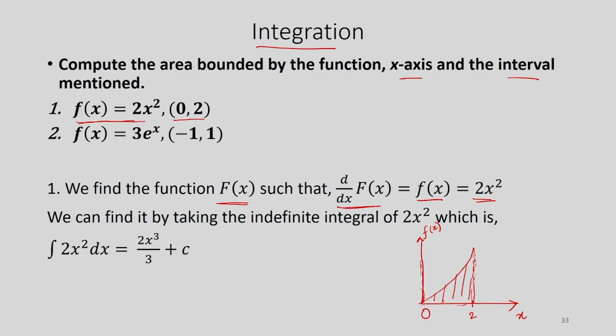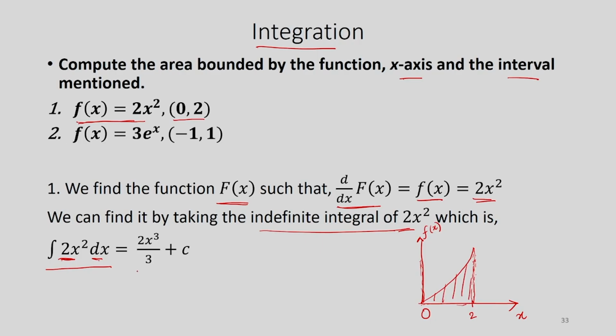If we take the derivative of that, gives me 2x square, right. We have to find that function. So, we are going in the opposite direction of derivative here, that is why we are calling it antiderivative. Okay. So, antiderivative, as we know, can be rephrased as indefinite integral of 2x square. So, here you have the integral sign, and then the function that we have to integrate, that is called the integrand. Integrand is 2x square, and you have dx, x is the variable of integration.